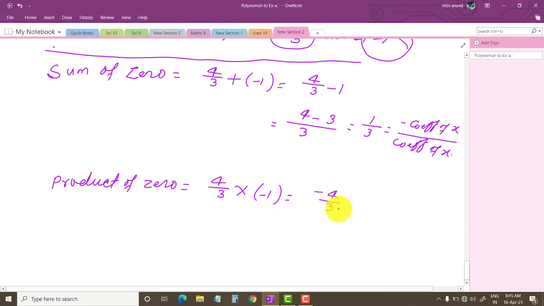Now the product of zeros will be the constant term divided by the coefficient of x square. This is our complete solution with verification.